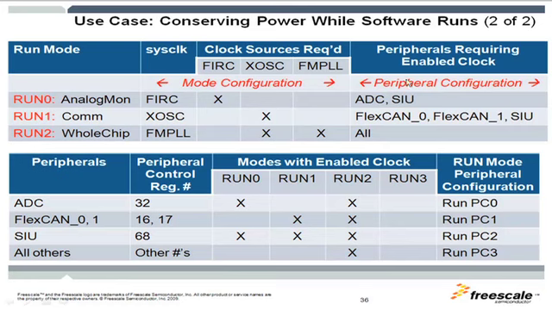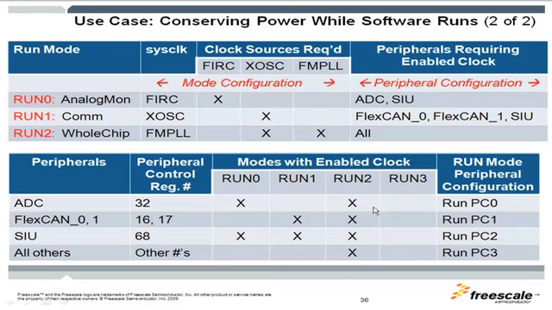So I configure clocks for these on a run mode basis by each peripheral has its own peripheral control register. It's a certain number. And the control register then will select a particular peripheral configuration.